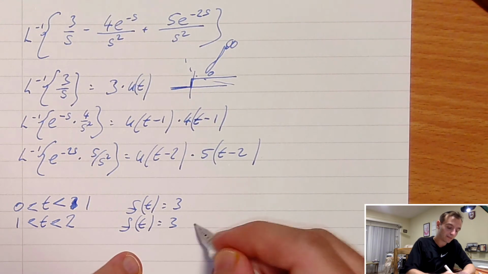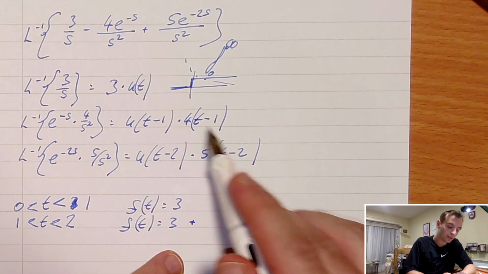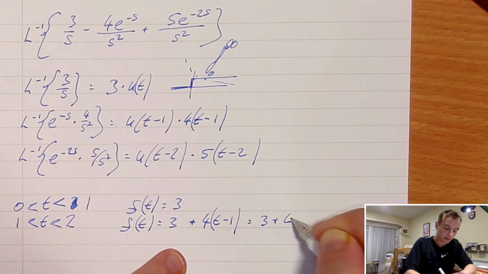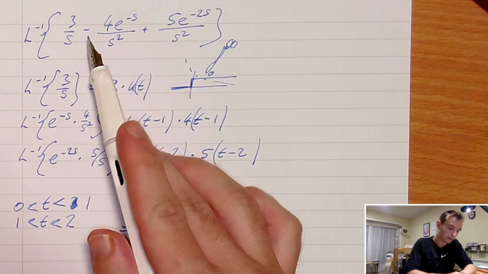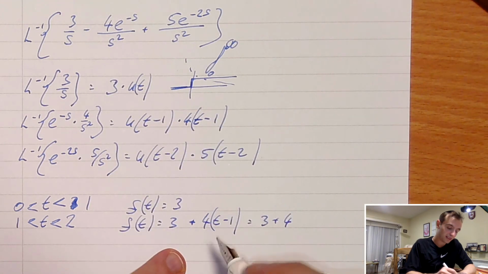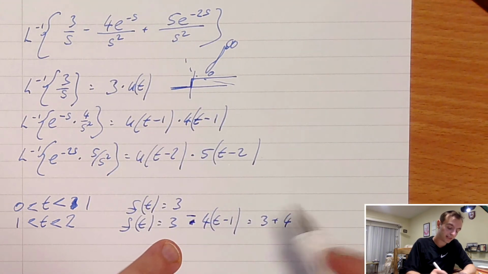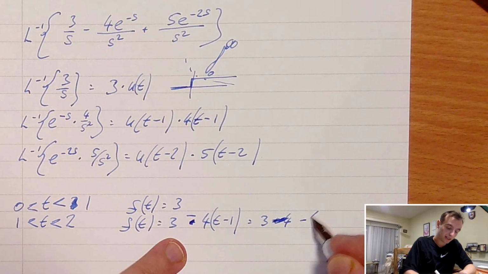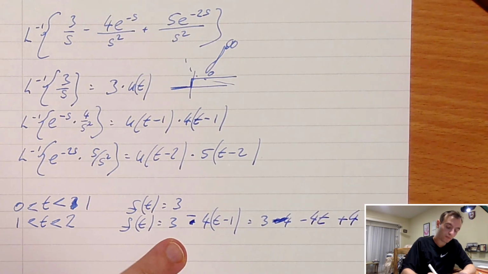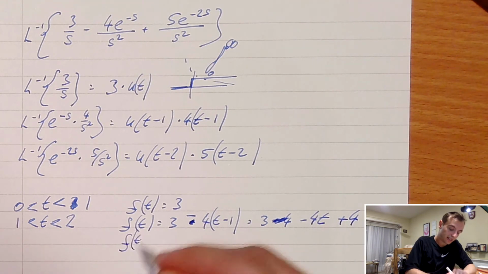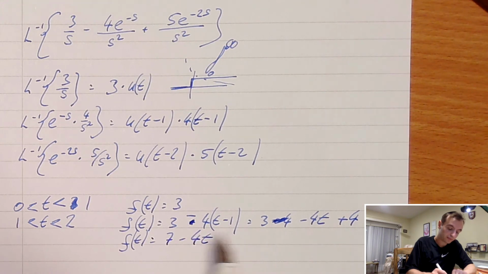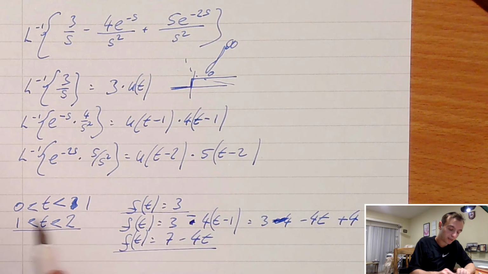So it's going to be 3, but at t equals 1 and onwards, we're going to have another function of 4(t minus 1), which equals 3 plus, no, hold on, because this is minus, remember. So it's going to be 3 minus 4(t minus 1), which is going to be 3 minus 4t plus 4. So we can say that f of t equals 7 minus 4t. And that's going to be between 1 and 2. Between 0 and 1, it's going to be 3.